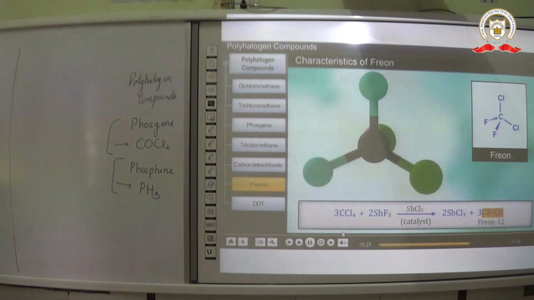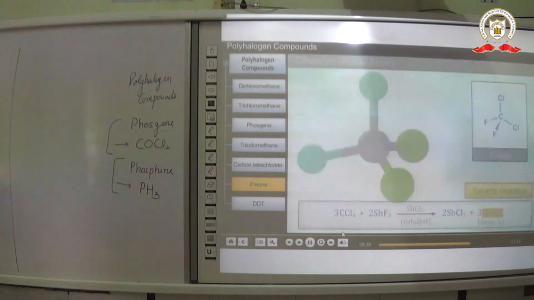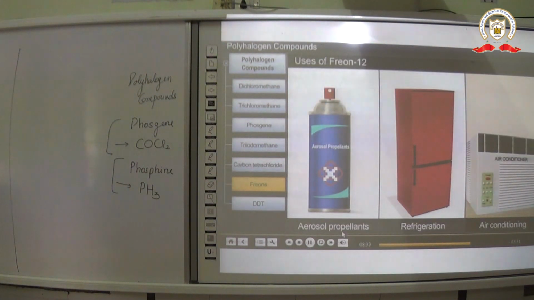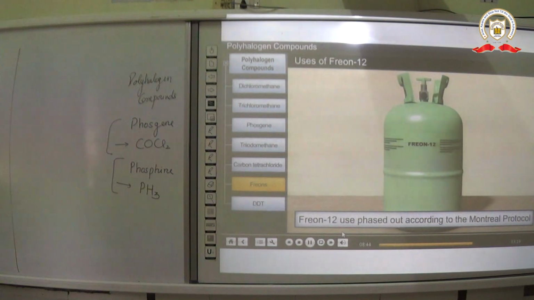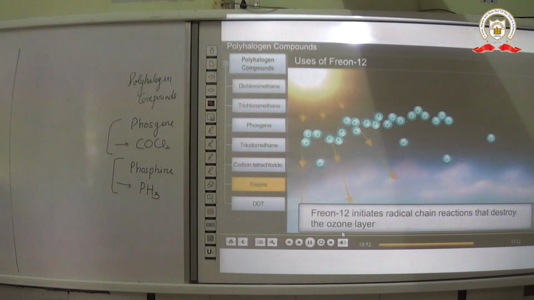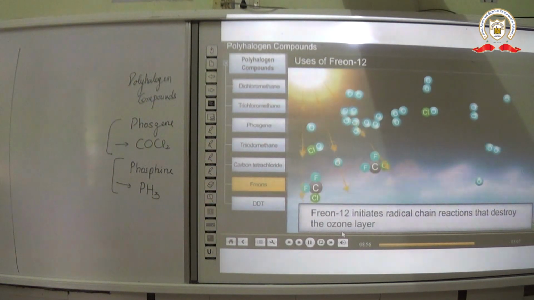It is manufactured from carbon tetrachloride by the Swarts reaction. Former uses of Freon 12 include aerosol propellants, refrigeration, and air conditioning. Since 1994, the use of Freon 12 has been phased out according to the Montreal Protocol due to environmental concerns. Freon 12 and other chlorofluorocarbons are known to initiate radical chain reactions that lead to the destruction of the ozone layer.